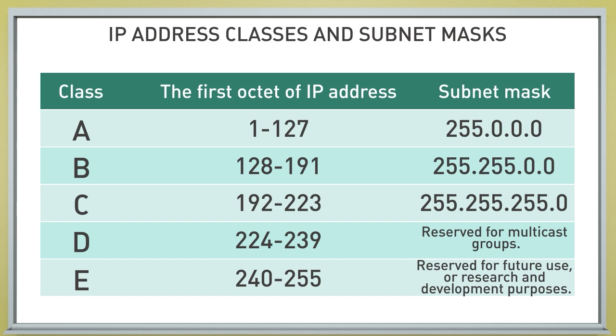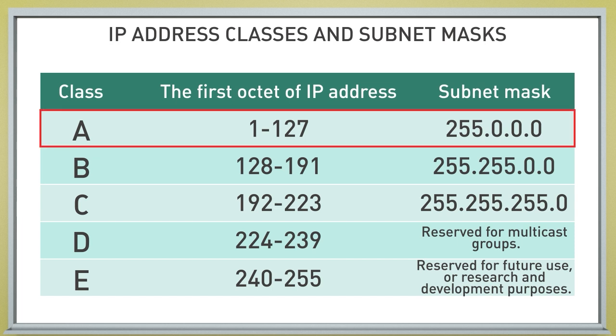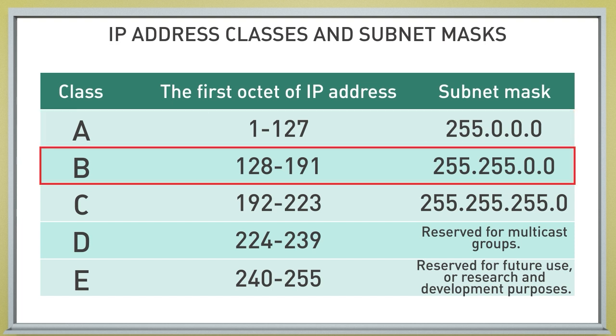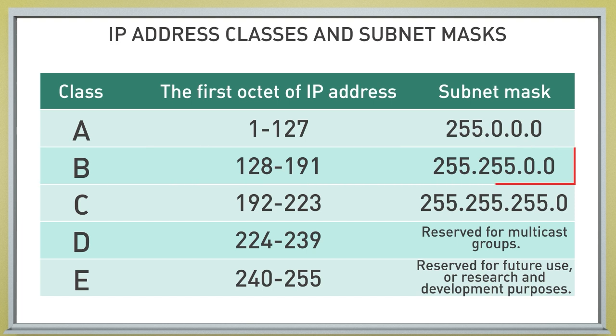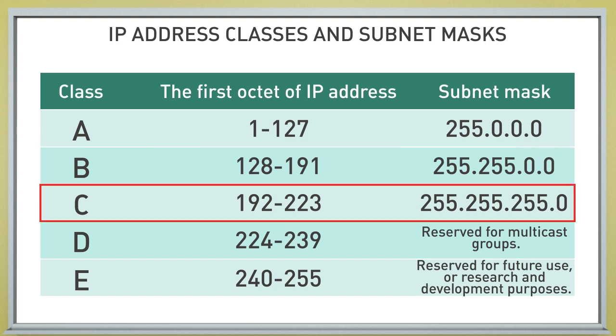The class of an address is determined by its first octet, so the range from 1 to 127 belongs to class A, the range from 128 to 191 belongs to class B, and the range from 192 to 223 belongs to class C.